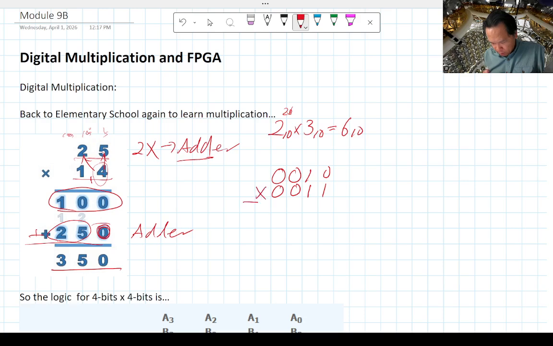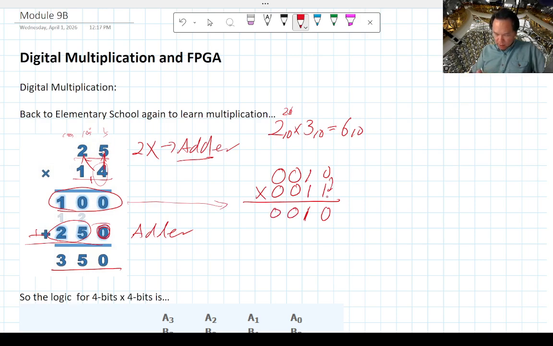Now we're multiplying. Just like what we did here, it's the AND, the multiplication. 1 times 0 gives you a 0. 1 times 1 gives you a 1, and then the rest of these are zeros. So that's the first row. That's equivalent to this.